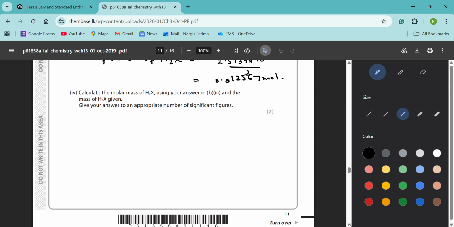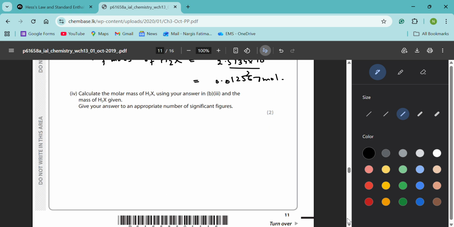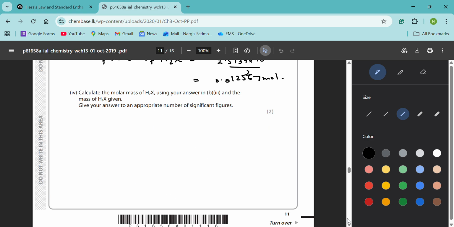Now move on to the next part, part 4 of this question. Calculate the molar mass of H2X using your answer in B2 and the mass of H2X given. Give your answers to an appropriate number of significant figures.